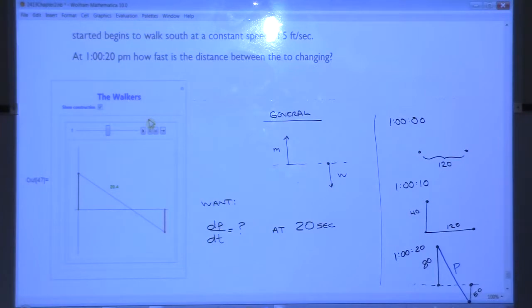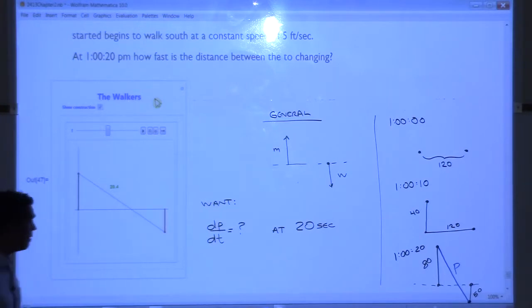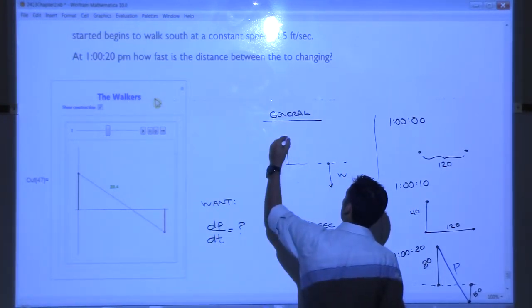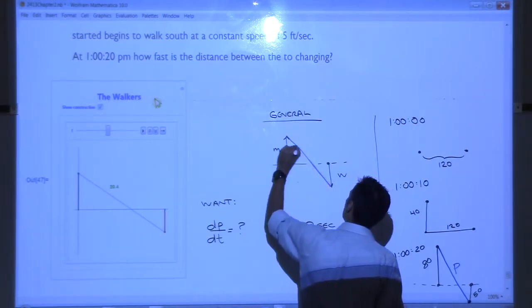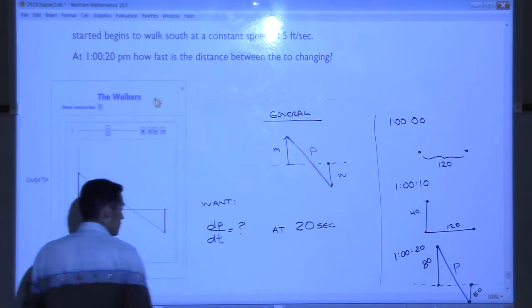M is growing, W is growing, but down, right? And then P is the thing connecting the two, like this, P. Do y'all agree?